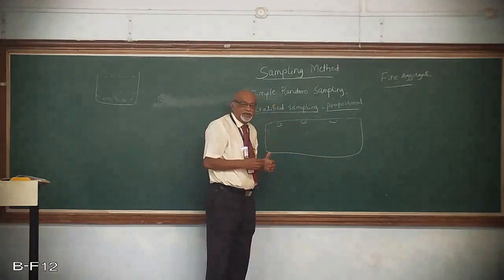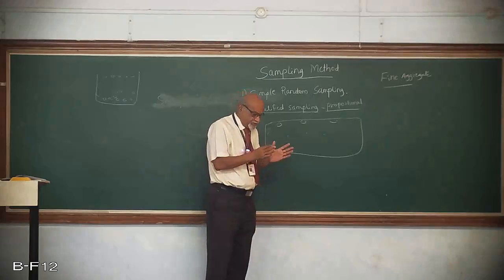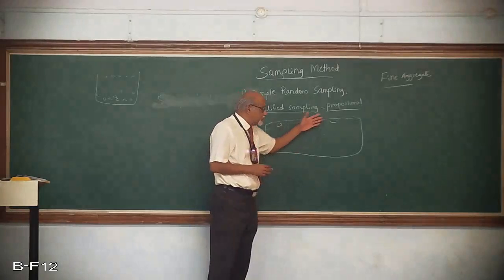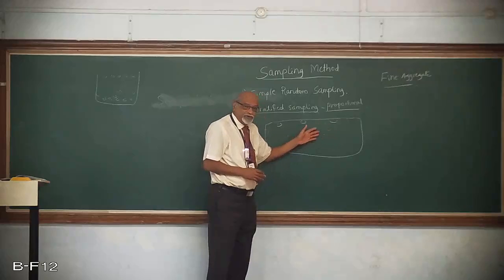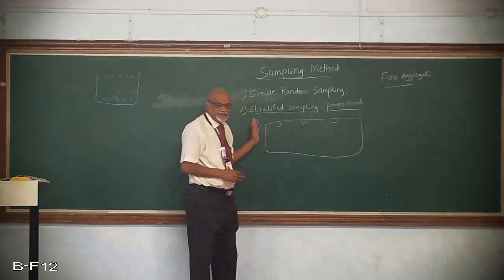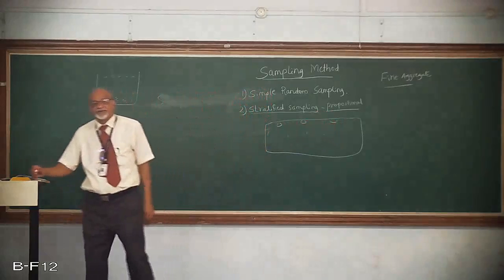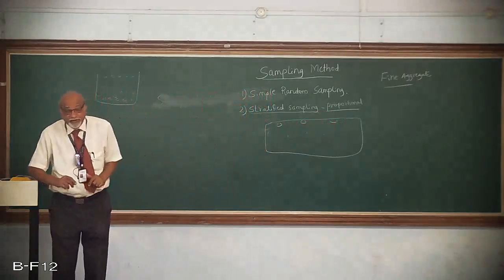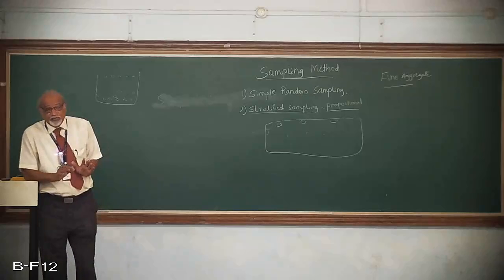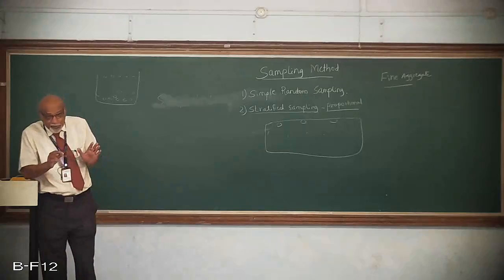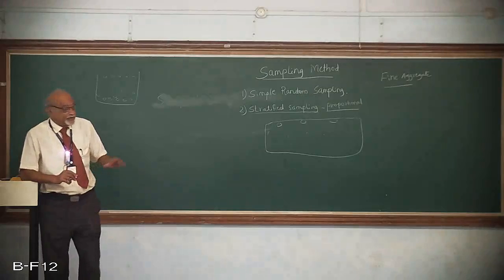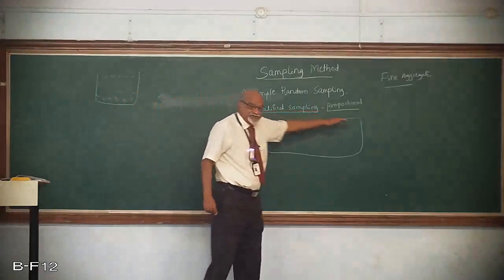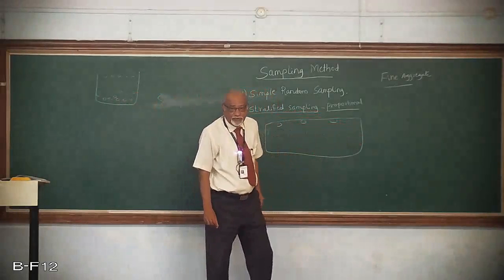I will make some groups: 4 groups at the top, 4 groups at the bottom, 4 groups in the middle, some 2 or 3 groups on the side, either side or 4 sides, like that. Are you able to get this? So I will make them into groups, or lots, proportionate to the total number of items here. Are you able to imagine this?